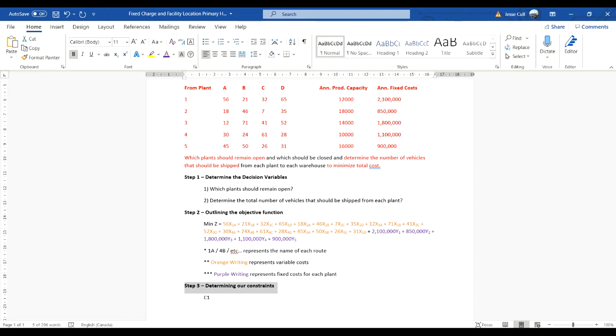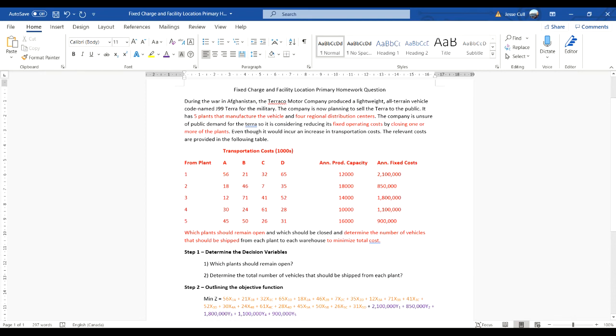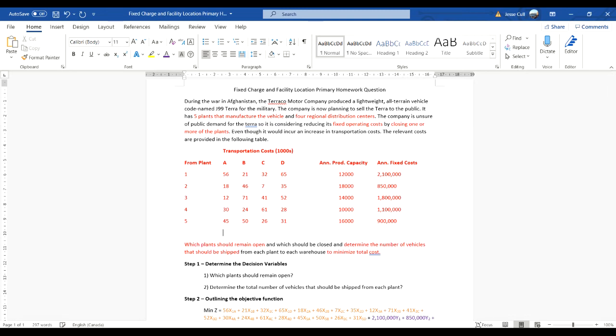So let's move on to step 3, determining our constraints. So we look up here, and what are the first of our constraints? I paused the program for 1 second because I just realized the mistake I made. I didn't enter some of the relevant information.